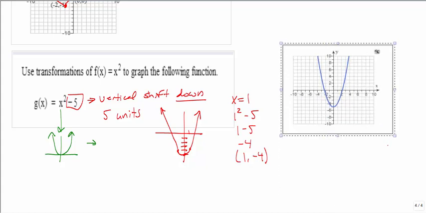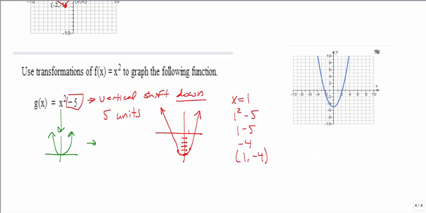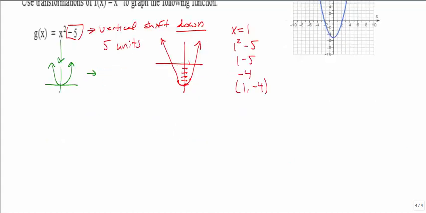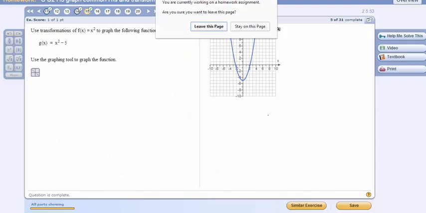Okay, let's go ahead and choose another graph from our homework set. Now these next few graphs that we're going to do, I won't formally graph them in my math lab, but we'll just look at some examples of the types of questions that they're going to ask and talk about what the transformations are.